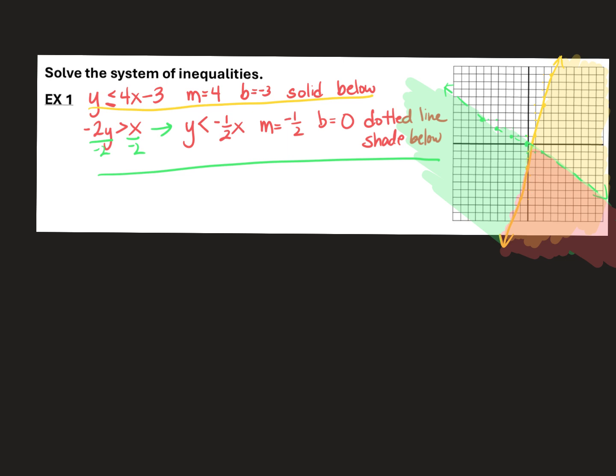So my viable solutions would come from, this is quadrant 1, quadrant 2, quadrant 3, and quadrant 4. So my viable solutions will come partly from quadrant 4 and quadrant 3.